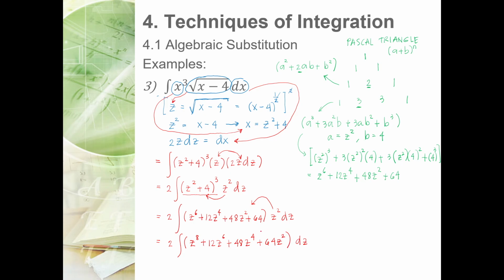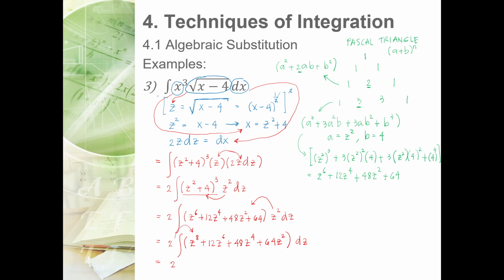So probably at this time, we can now integrate manually each term. The first one would be 2. Don't forget to multiply 2, okay?